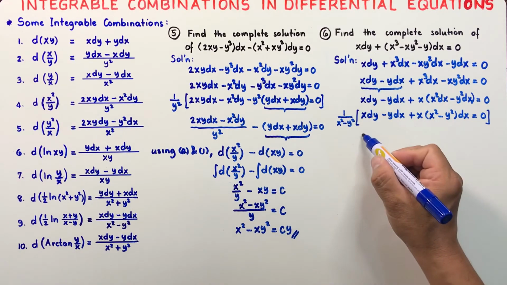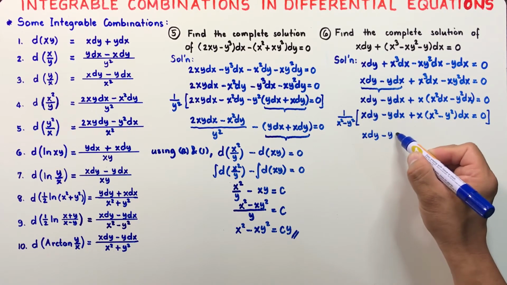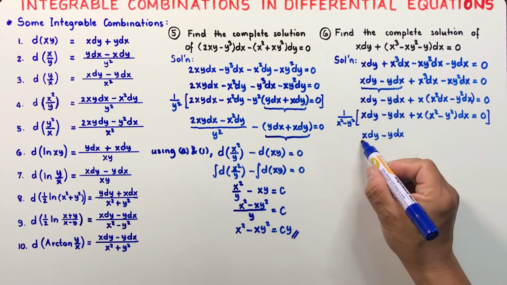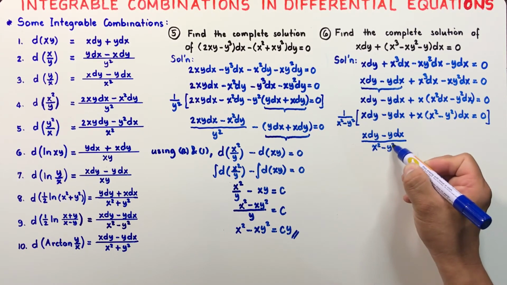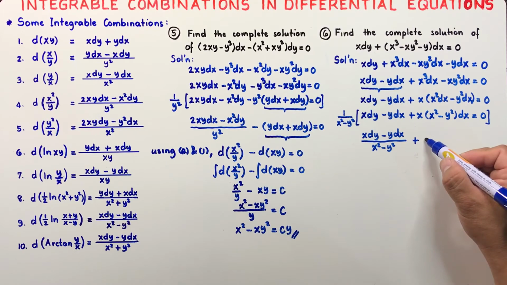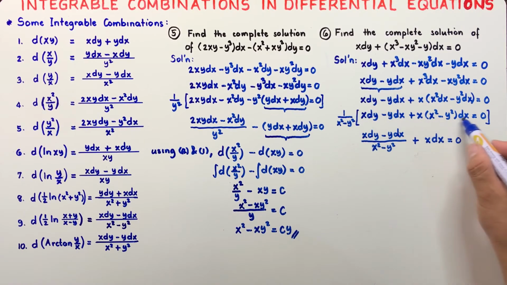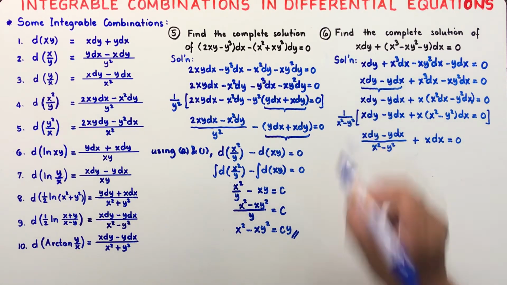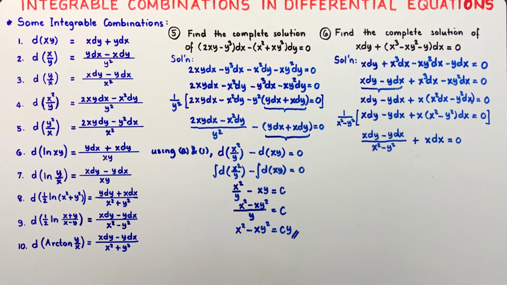So we have x dy minus y dx divided by x squared minus y squared. And this is added to the remaining term x dx, because when this term is multiplied by this one, the remaining expression is x dx.